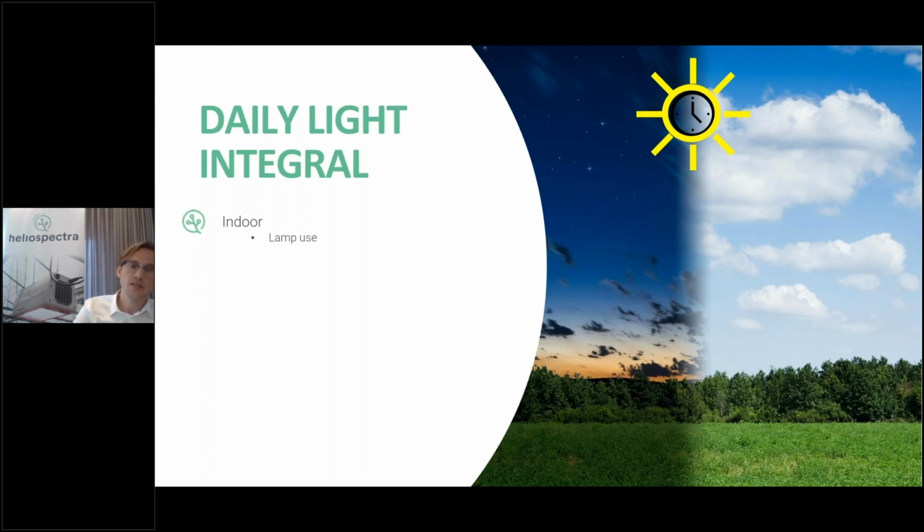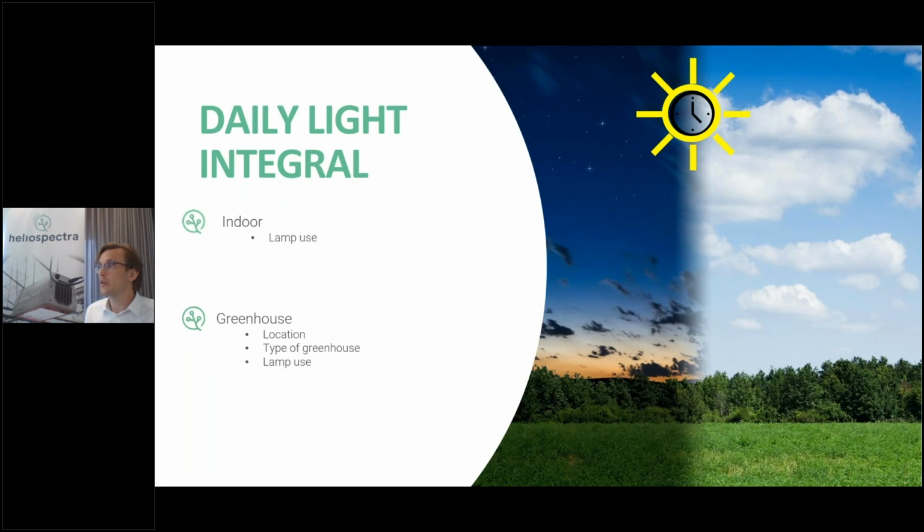But if you go instead to a greenhouse where you have both your lamp light but also the natural light from the sun, it gets much more complicated, because the natural light will vary over the day. And also it will vary over the year and so forth. And it will vary depending on where you are in the world.